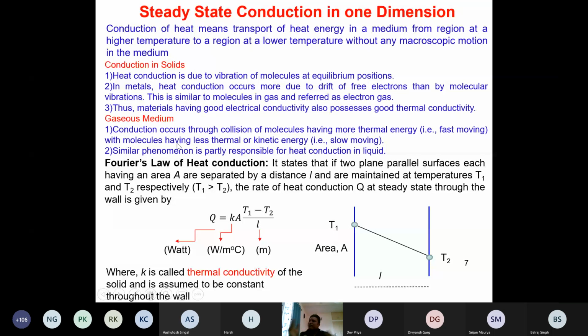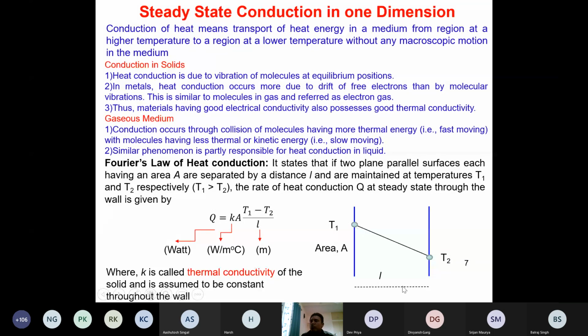Again, sufficient time is given in order to reach equilibrium. That is what it means. Okay. So a simple example of a plane wall we have taken, and in this plane wall, you can see on the left hand side the temperature T1 and on the right hand side the temperature T2. T1 is higher than T2, and therefore heat will be transferred from T1 to T2.